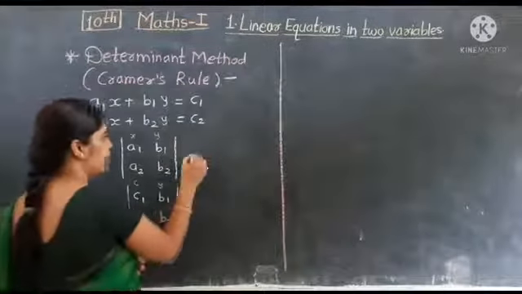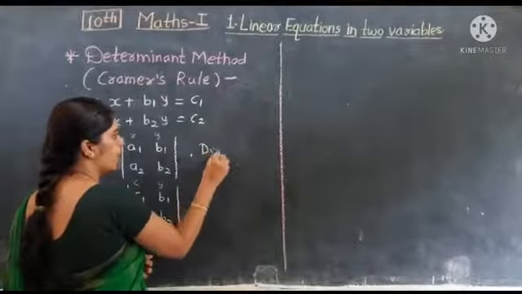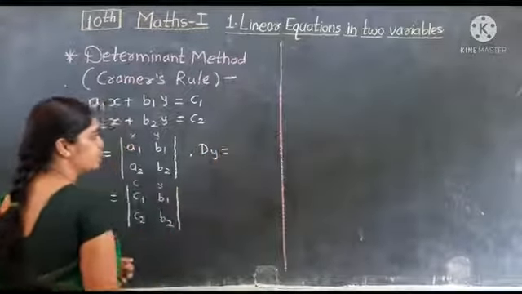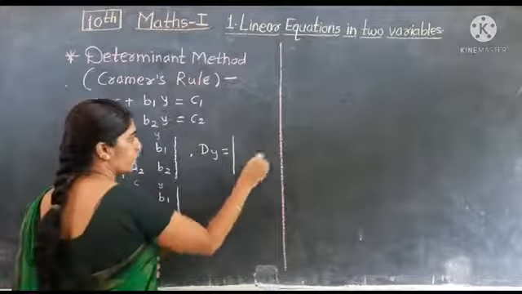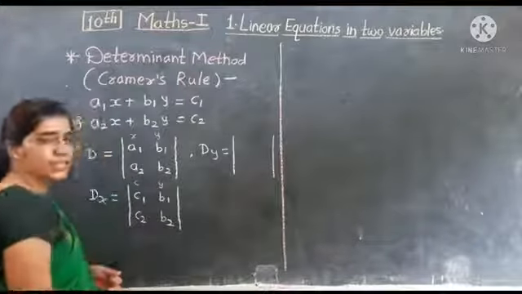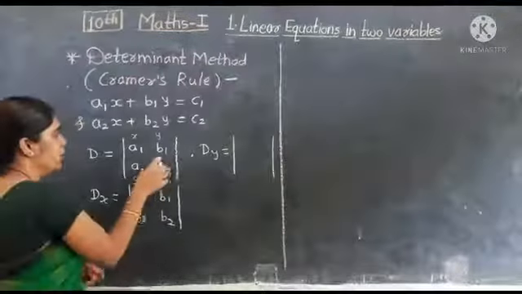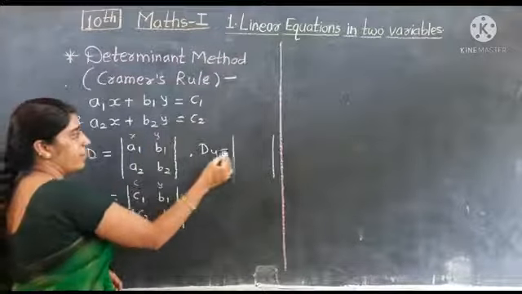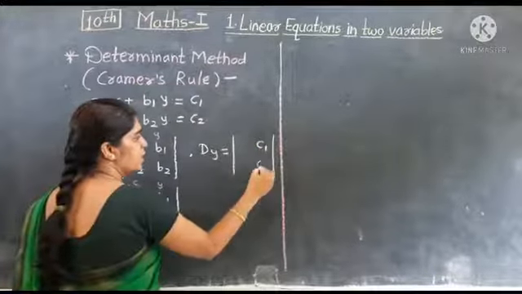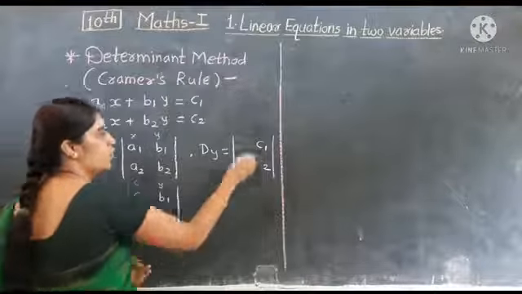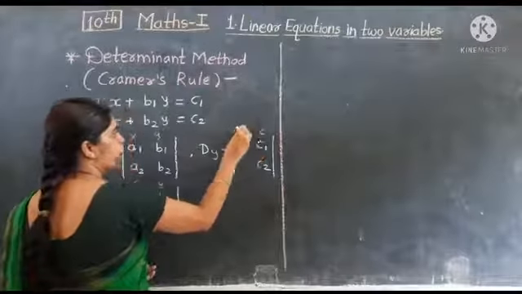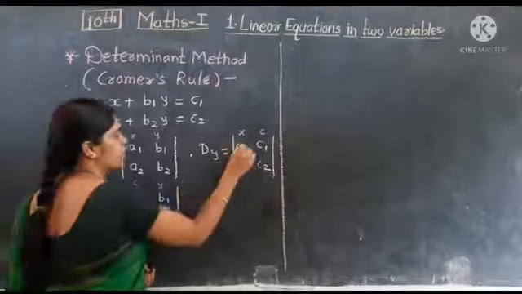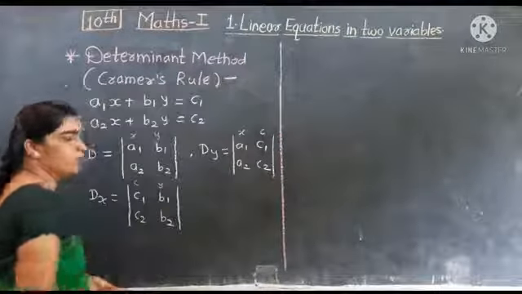And he also writes Dy. Which two columns are there in Dy? In the determinant, he replaced the column of y by the constants, here c1, c2, and kept the x column as it is, that is a1, a2.